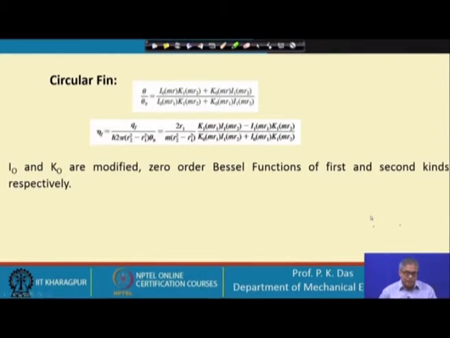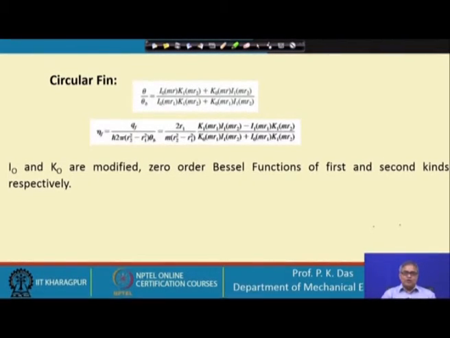So, circular fin. Here also we will get the expression of theta, which is the non-dimensional temperature, in terms of modified Bessel functions of zero order and first order. Then efficiency we also get, but you can see how the efficiency formula has become complex.